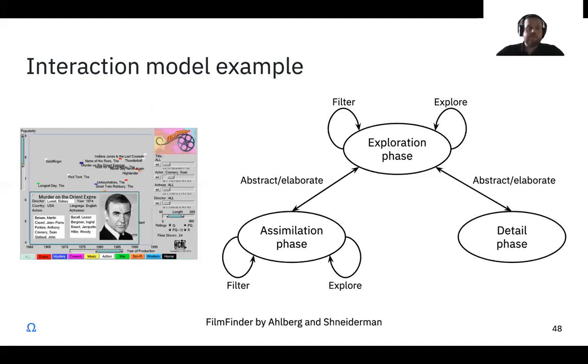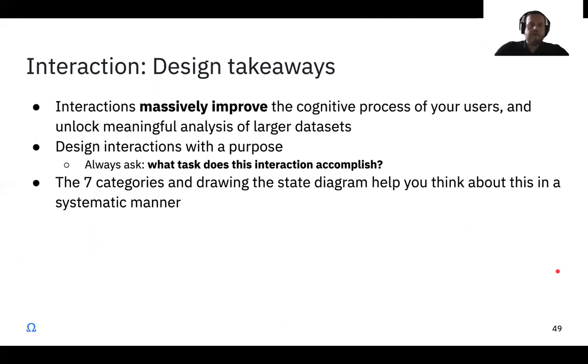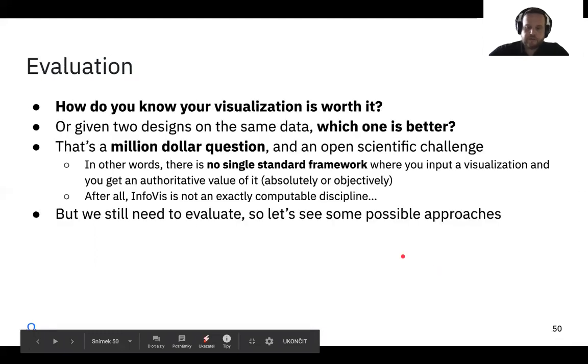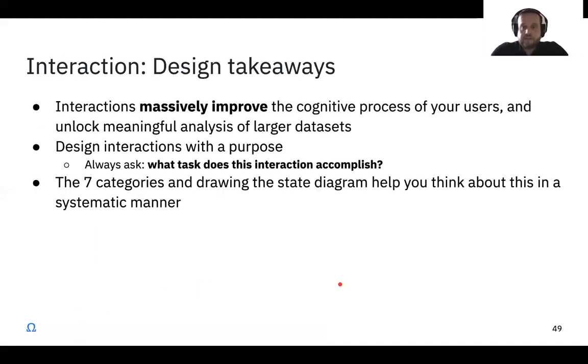Absolutely, yeah. Let's do that. So that was the interaction model. Now, to wrap up the interaction portion of the lecture, interactions massively improve the cognitive process of our users, and they unlock meaningful analysis of larger data sets, because just dropping a static visualization of a large amount of data is never a good idea.